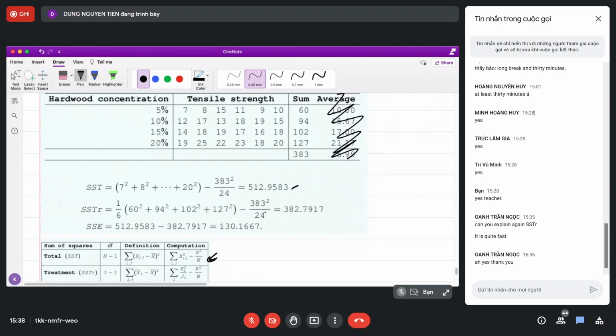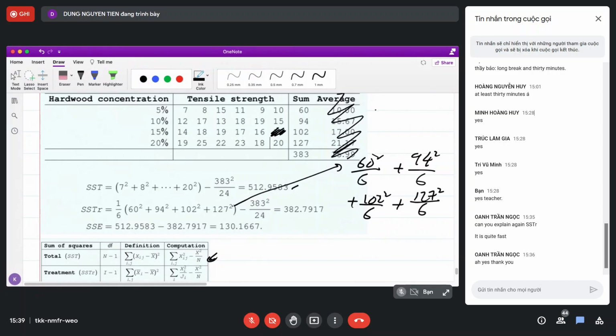Okay, do you understand? You should be careful with this sum. This is 60 squared divided by 6 plus 94 squared divided by 6 plus 102 squared divided by 6 plus 127 squared divided by 6. If there are only 5 observations in the third group, then this one should be 5 only.